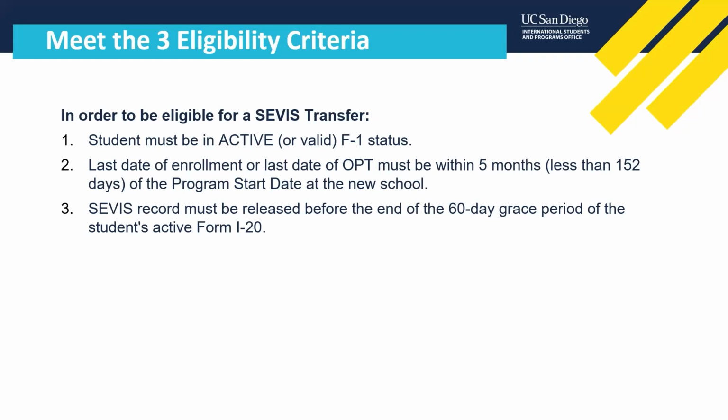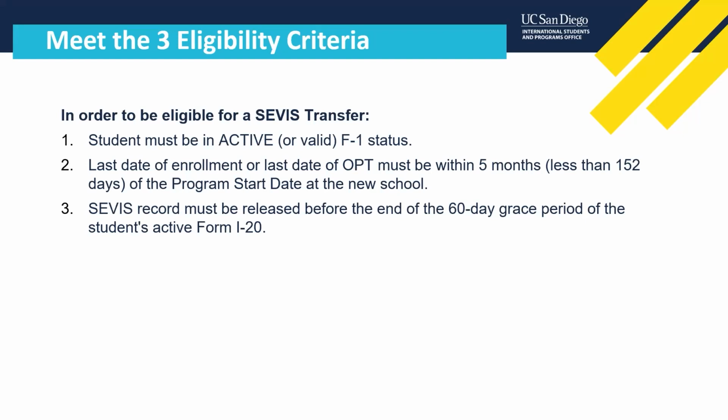Number 1, you must be maintaining your current active F1 status. So this means that you are following all the rules and requirements with your current school and maintaining your F1 enrollment or OPT in accord with US government regulations. So in other words, you do need to be a current F1 student and maintaining your valid F1 status.